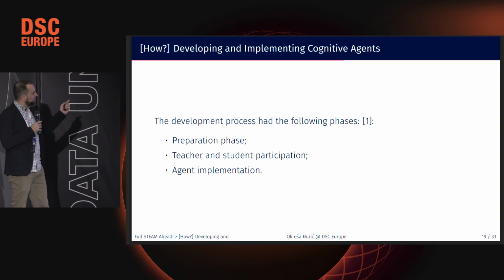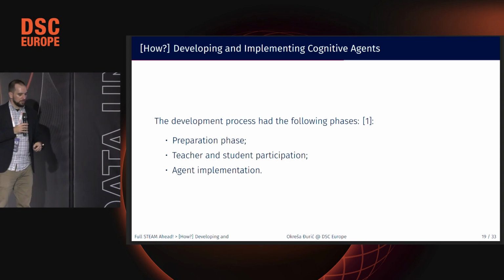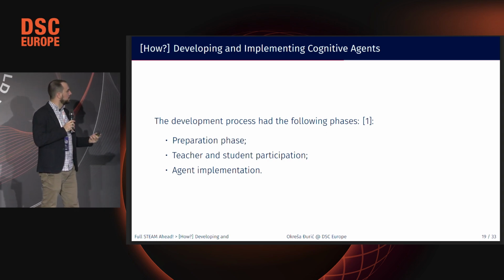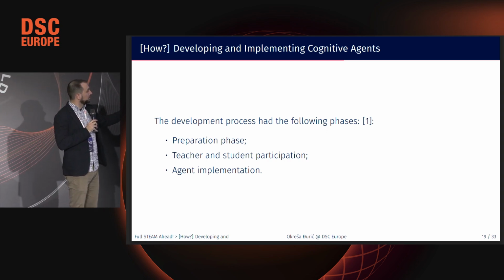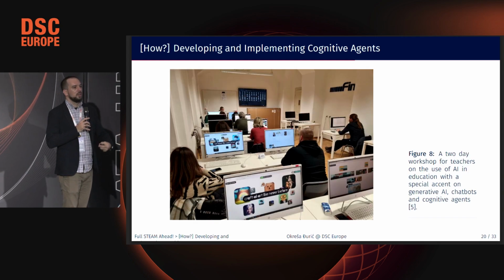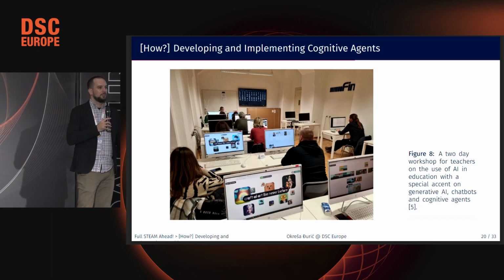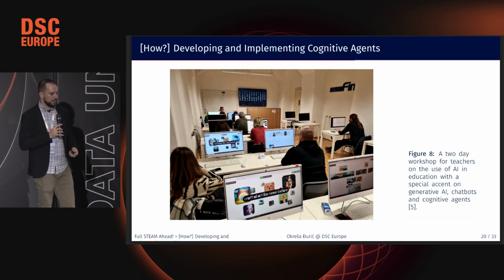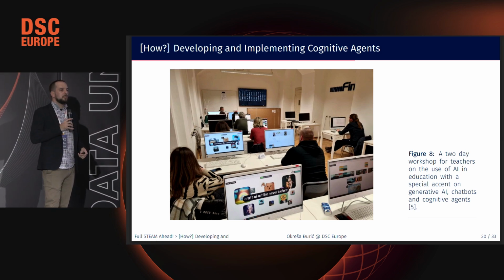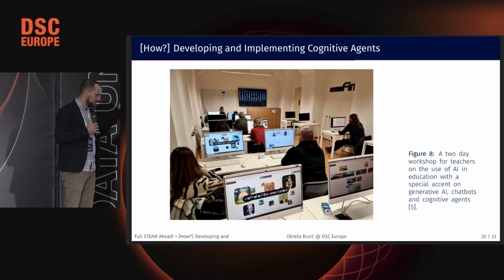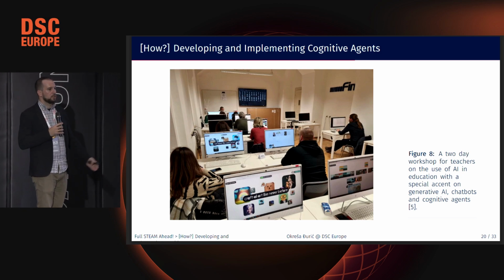Now, the whole process of developing these agents included a preparation phase, then teacher and student participation, and agent implementation. So we started with the preparation phase in terms of talking to the teachers of those kids. We're talking about lower grade elementary school, and which particular content might be suitable for a context such as an agent like this one.